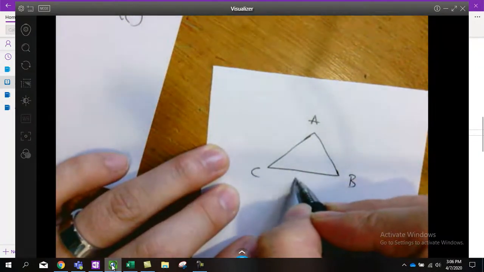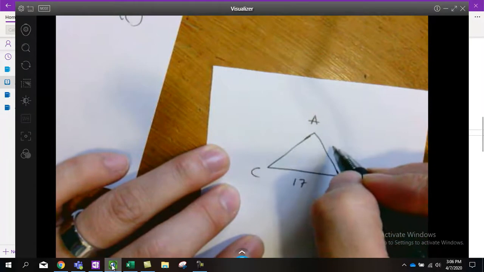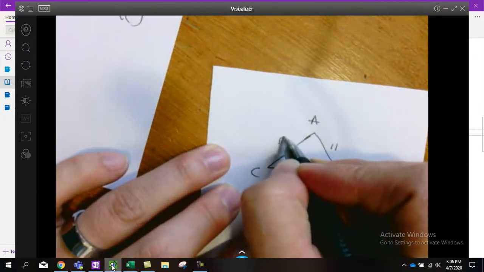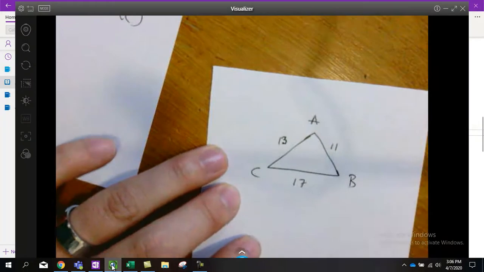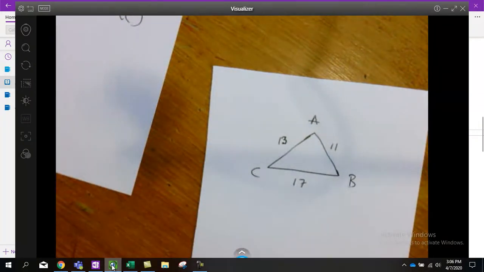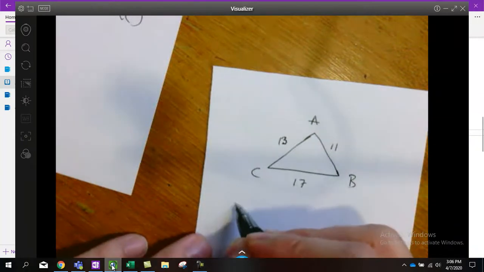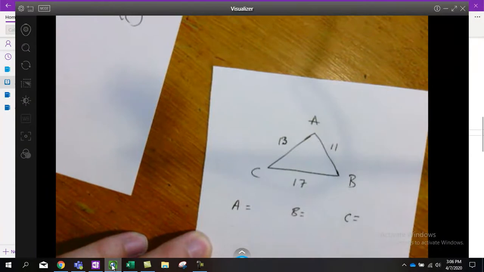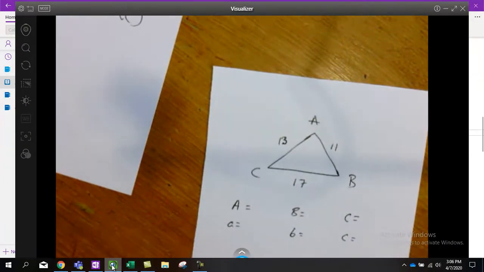So if we have this triangle, I just need to pick an angle that I want to go after.